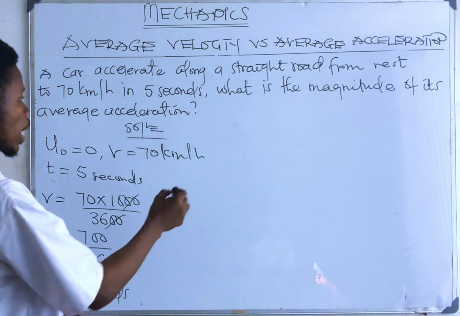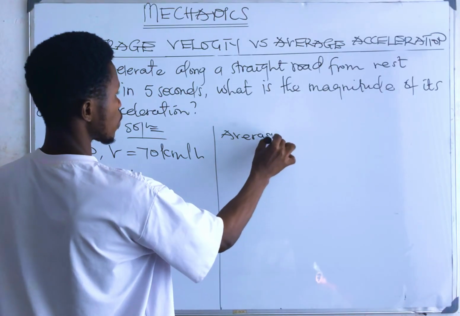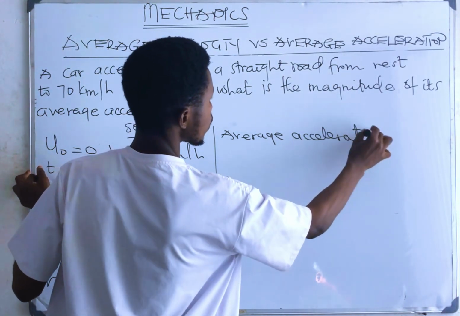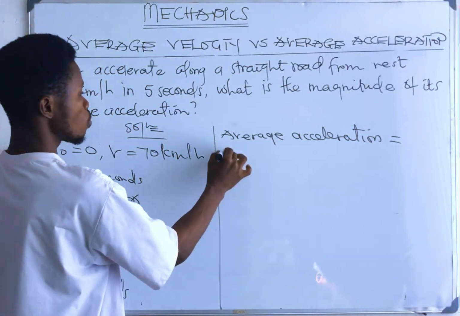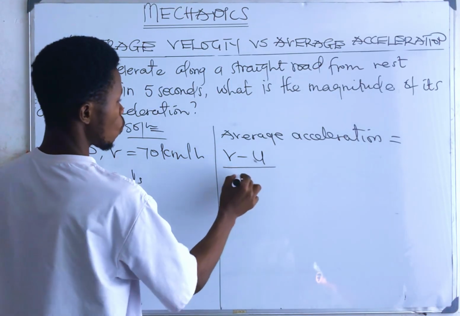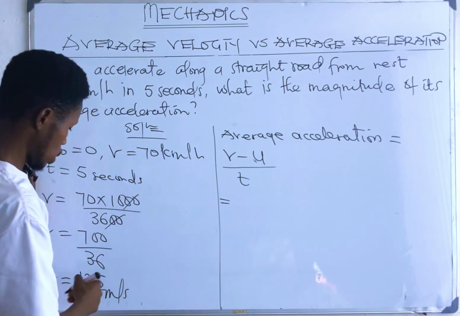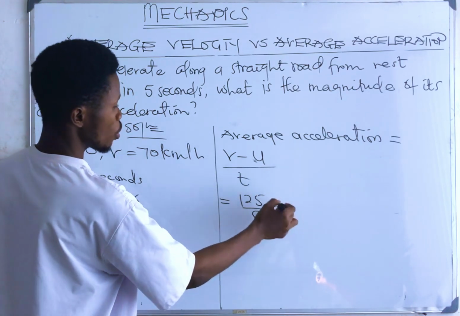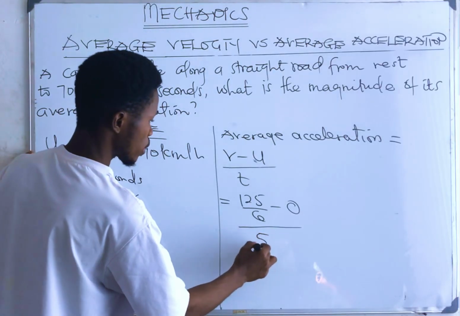Now, we want average acceleration. Average acceleration will be equal to change in velocity, which is v minus u, over time. So v is 125 over 6 minus u, which is 0, all divided by time, which is 5 seconds.